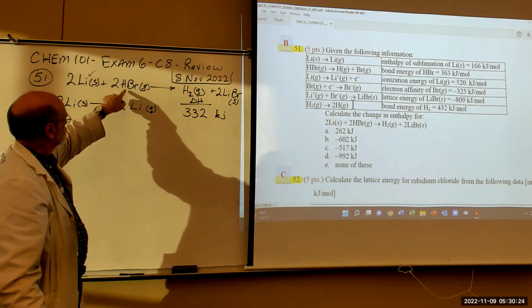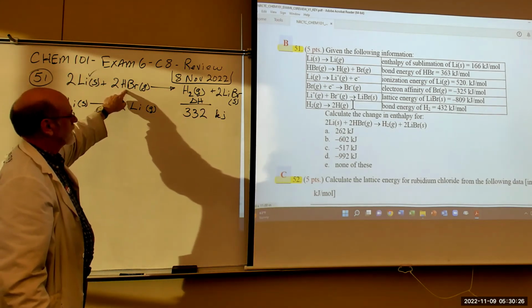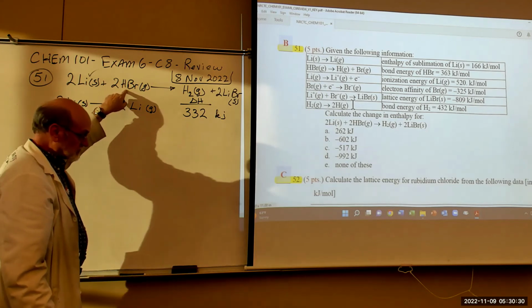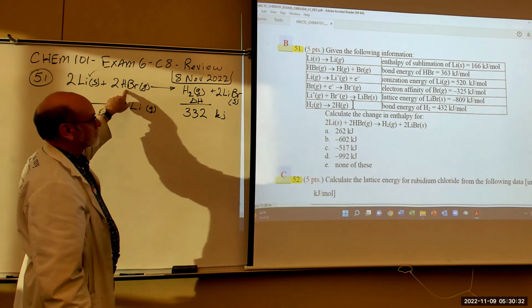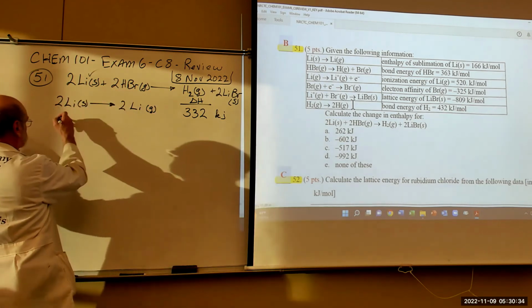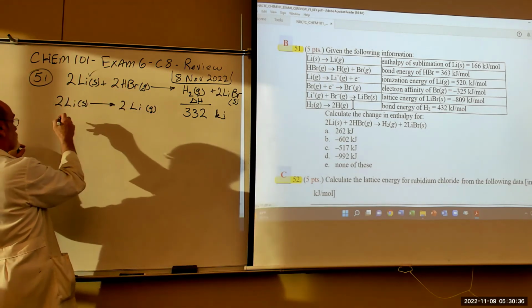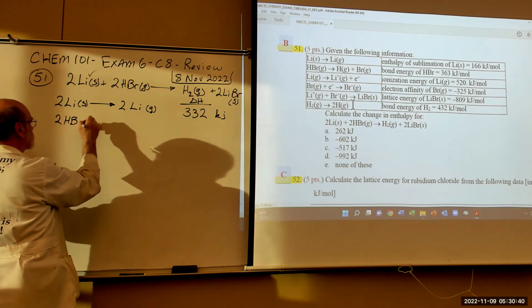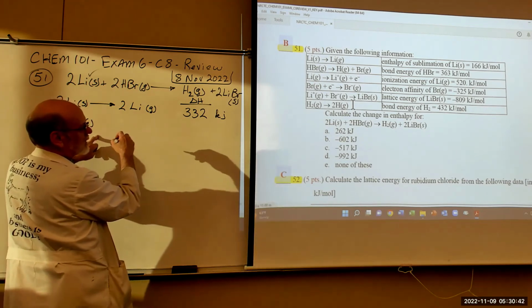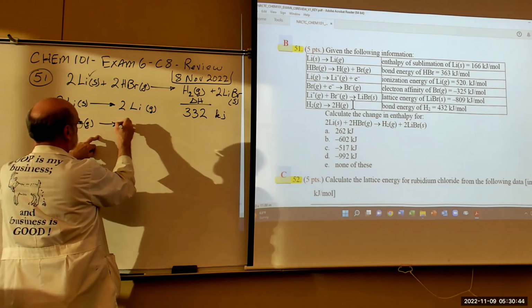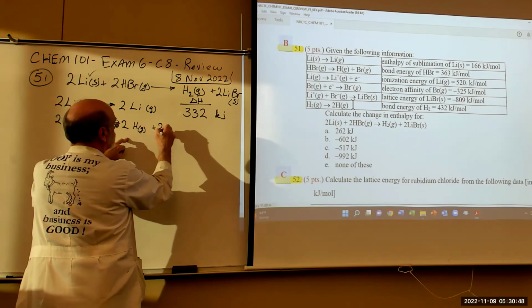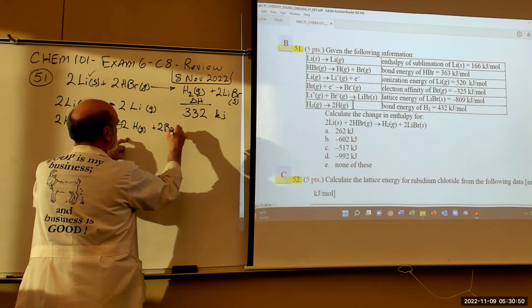Do we have anything with HBr in it? Yep. HBr gas, the next one. We need 2 of them. And they're on the right side of the equation, so 2 HBr gas yields 2 H gas plus 2 Br gas.